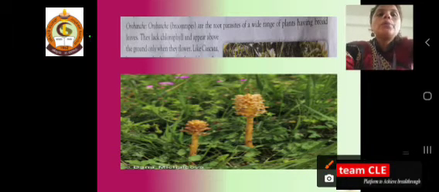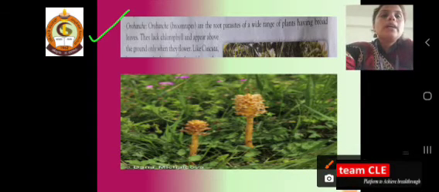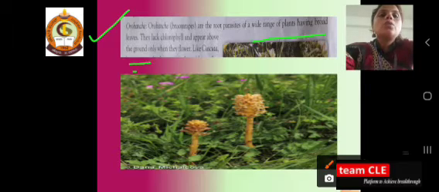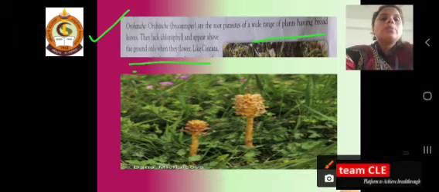That is Orobanche. Broomrapes are root parasites of a wide range of plants having broad leaves. They lack chlorophyll and appear above the ground only when they flower, like Cuscuta. What is the main criterion of Orobanche?